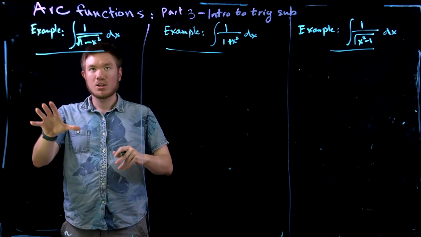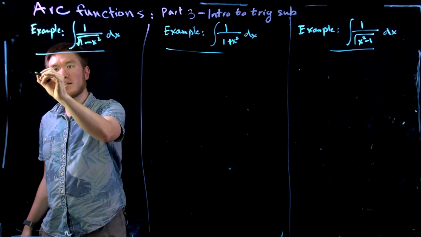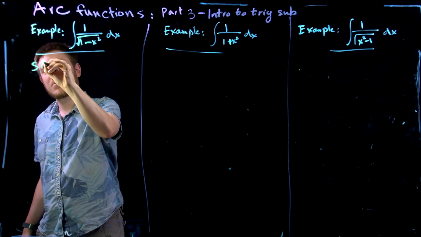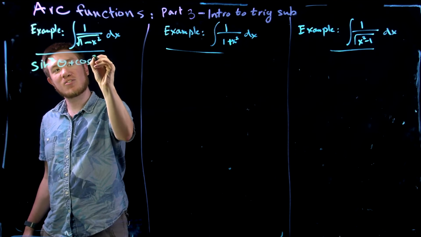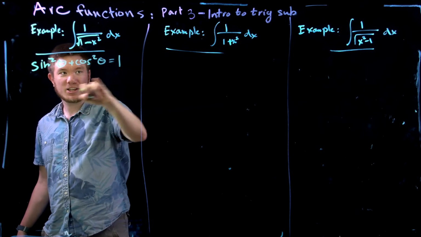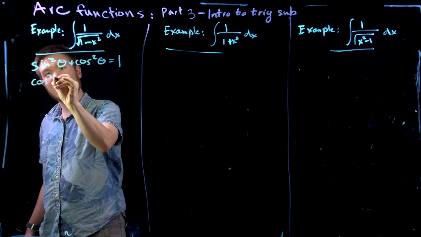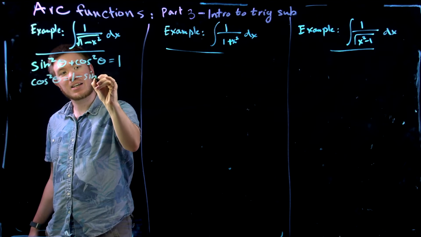So let's start with this first example. Notice that if we start with our identity sine squared theta plus cosine squared theta equals 1, and move sine over to the right side, we get cosine squared theta equals 1 minus sine squared theta.